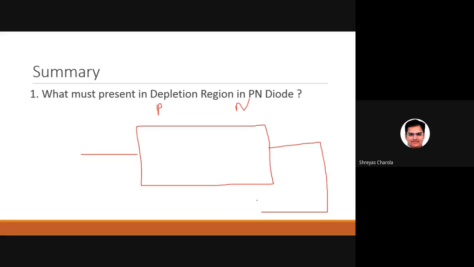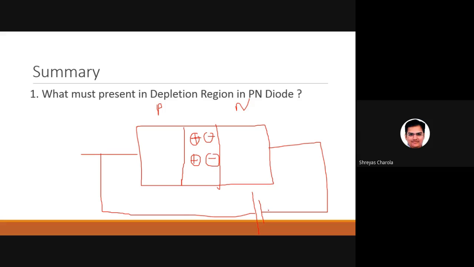When you connect the battery's negative terminal and the battery's positive terminal. Here we have a junction in which we have no extra electrons and no extra holes. That is, the acceptor and the donor ions are there.